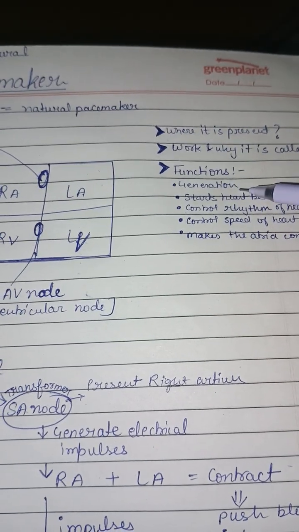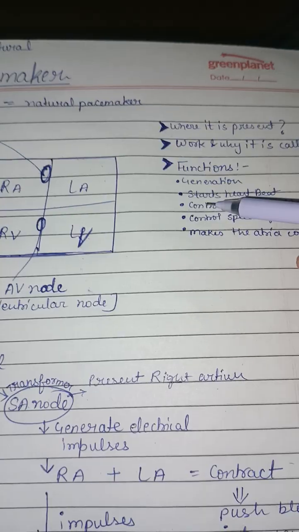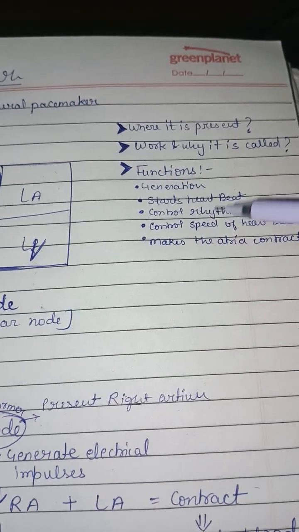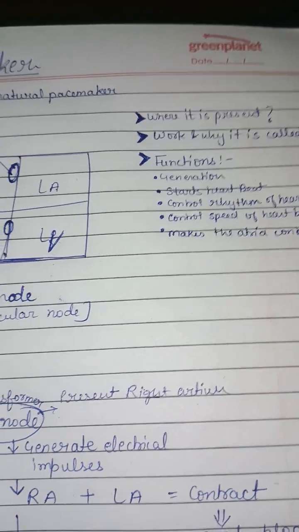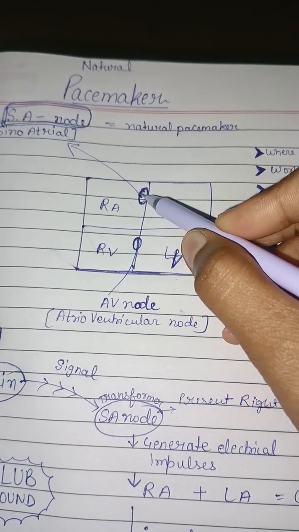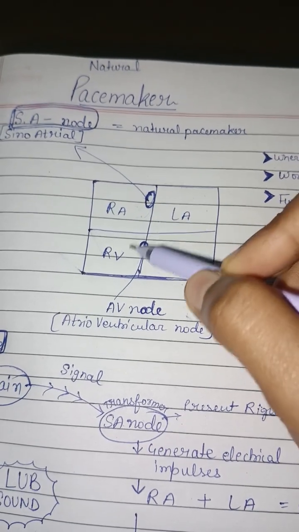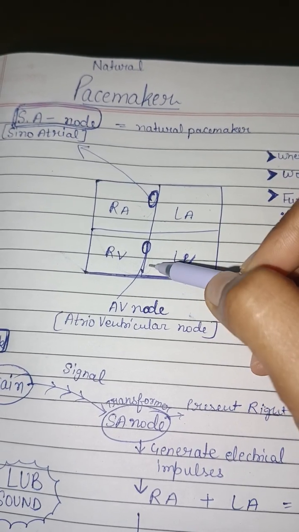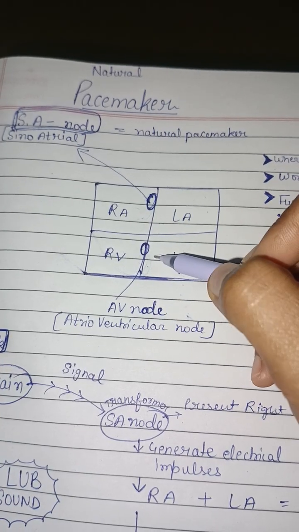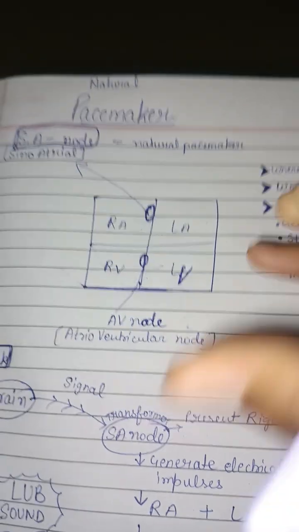And what is its function? First, it helps in the generation of the heartbeat. It also starts the heartbeat, because if there is no SA node, there will be no contraction of the atria and no contraction of the ventricles, and the ventricles will not receive any blood and will not pump.